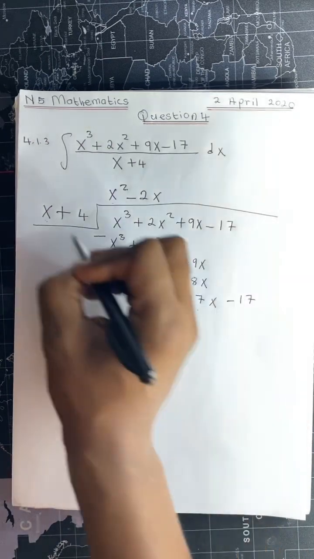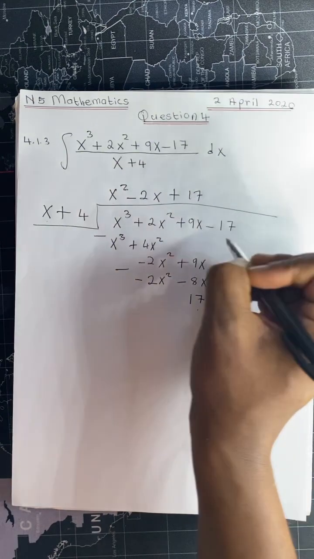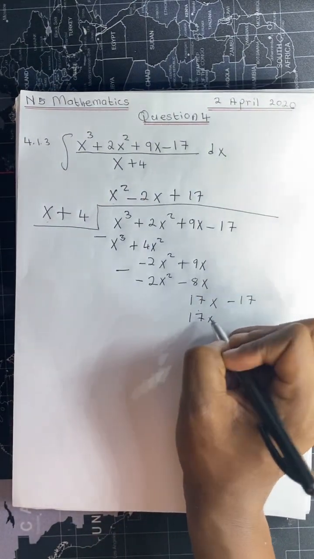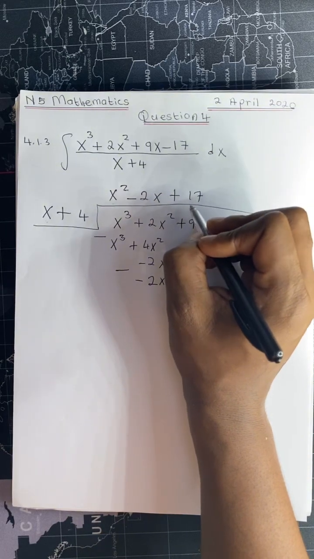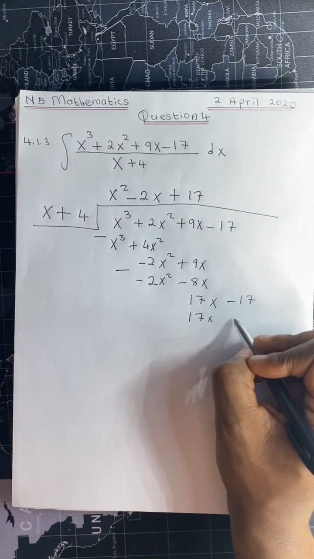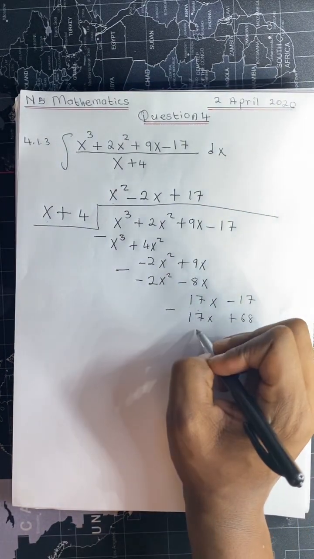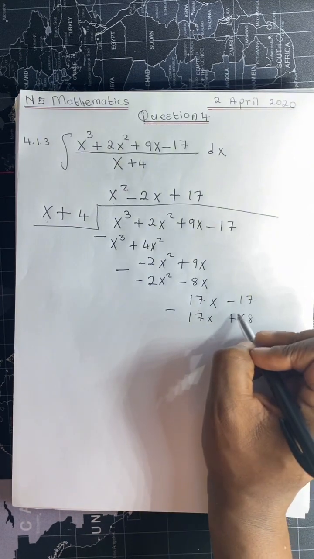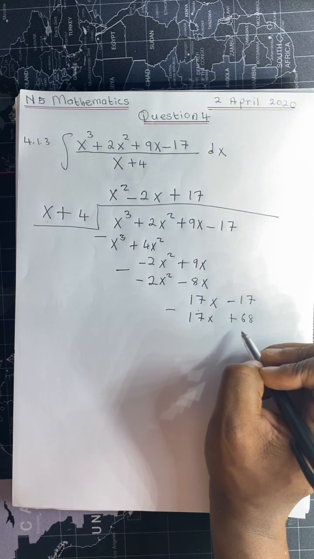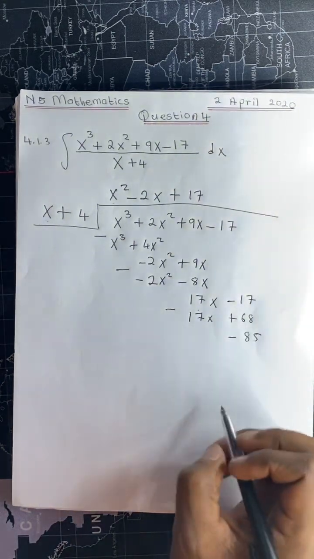So 17x divided by that x will be equals to positive 17, and 17 multiplied by that x will be equals to 17x, and 17 multiplied by 4 will be equals to 68. From here we minus, 17x minus 17x will be equals to 0. Negative 17 minus 68 will be equals to negative 85.